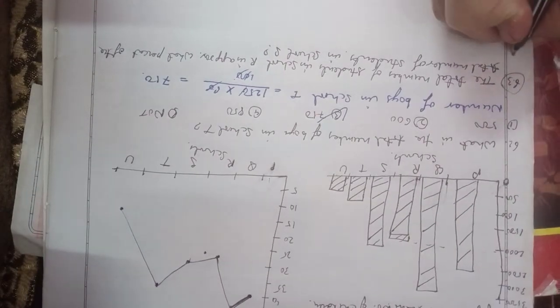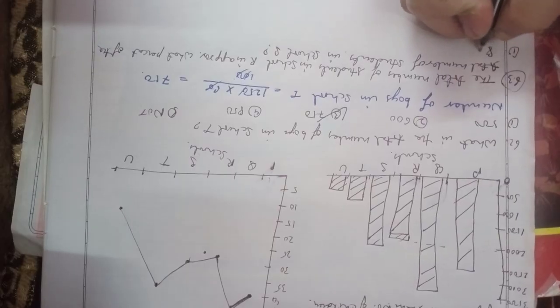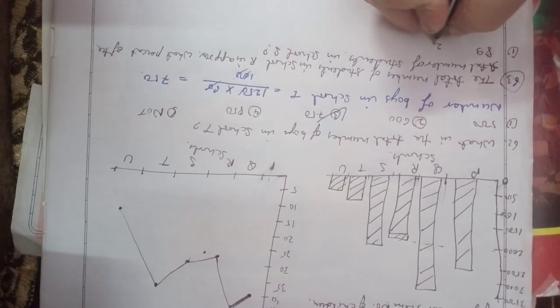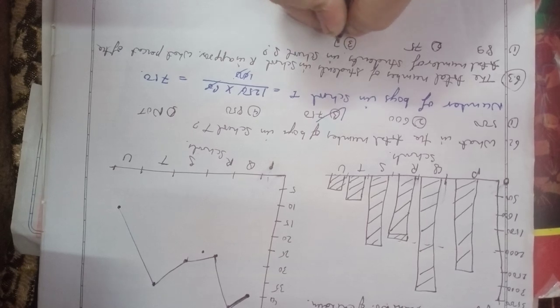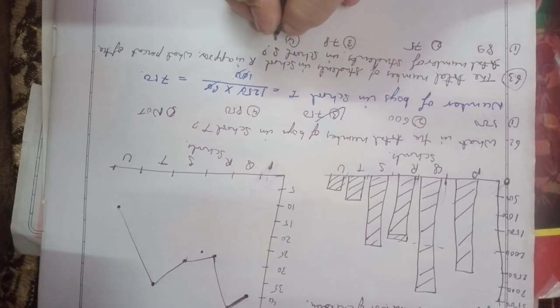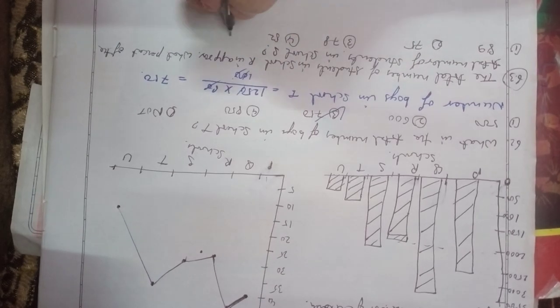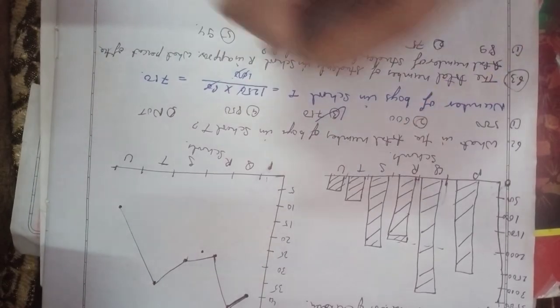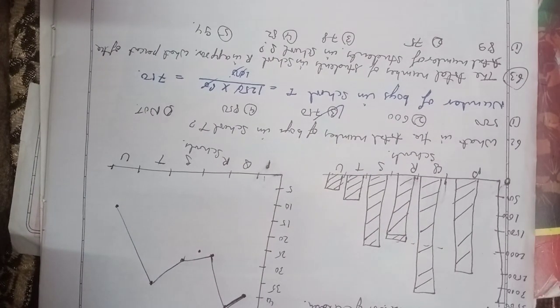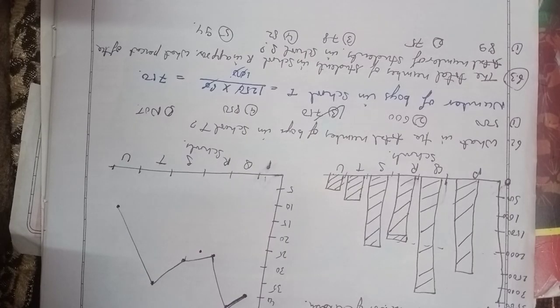So the options here itself are 89, 75, 78, 82, 94. Let's go for the same here itself, that we have as follows.